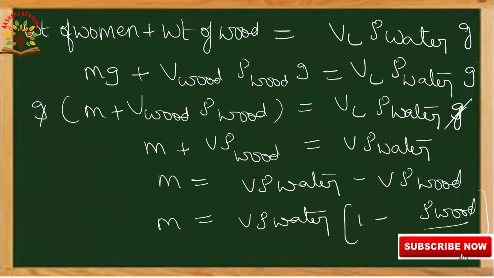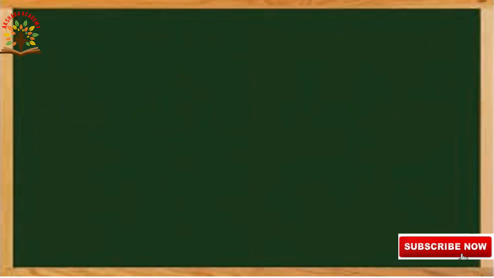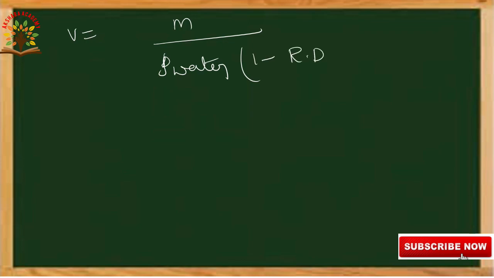Okay, next we'll write V is equal to m by rho of water into 1 minus RD, relative density. Density of wood by density of water, we are writing as relative density.